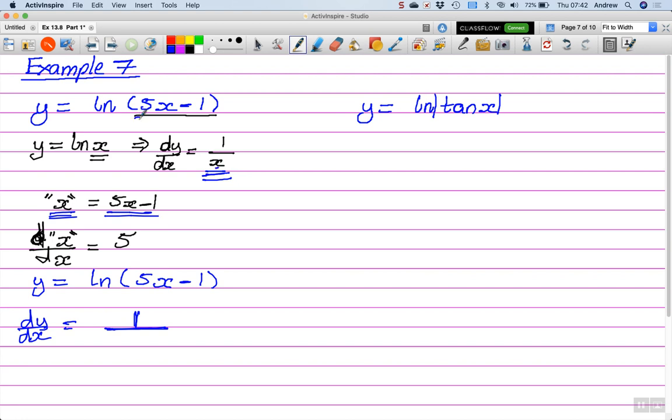That x is what's in here. So that's 5x minus 1. And then don't forget, we have a multiplying factor. And the multiplying factor is 5. So we multiply the top of this by 5. And we end up with dy dx is equal to 5 over 5x minus 1.